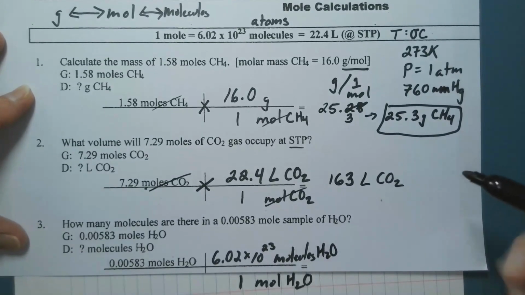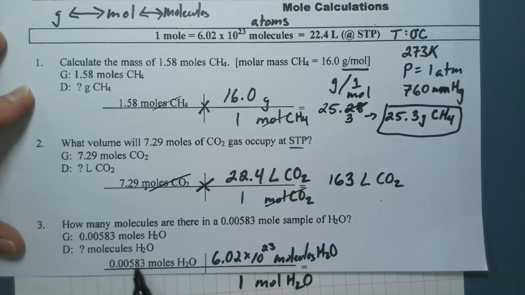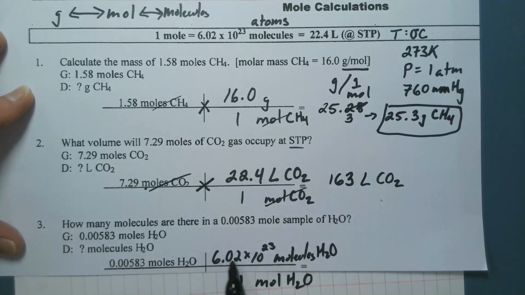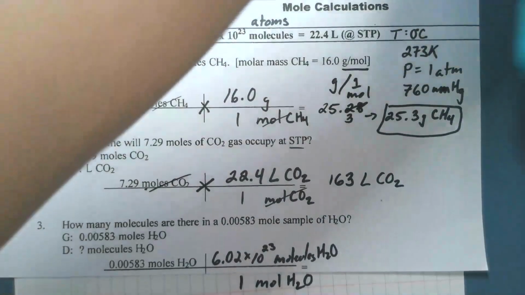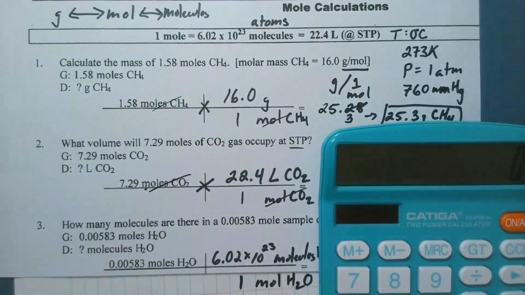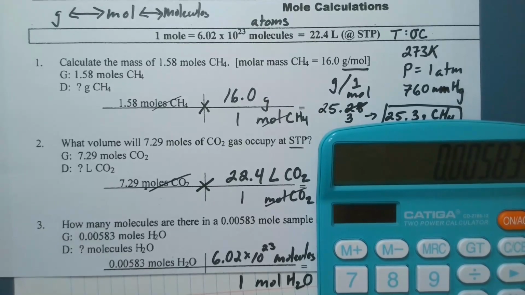Okay, and so now what I need to do is just multiply these. Now, remember in class I said it was easier to multiply just the front number here in the calculator for Avogadro's number. And then we'll deal with the times 10 to the 23rd after. So let's get the calculator out again. Okay, and so I'm going to do 0.00583 times 6.02.